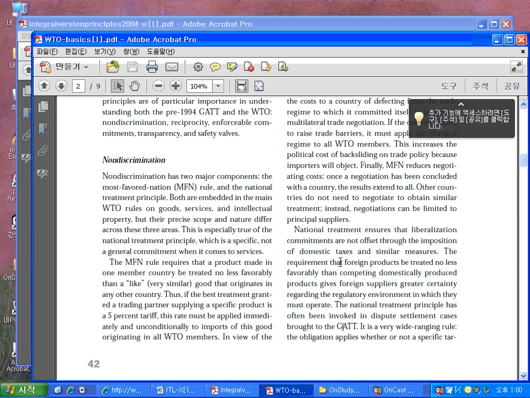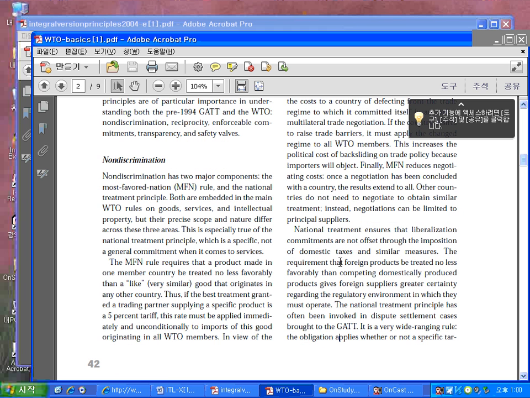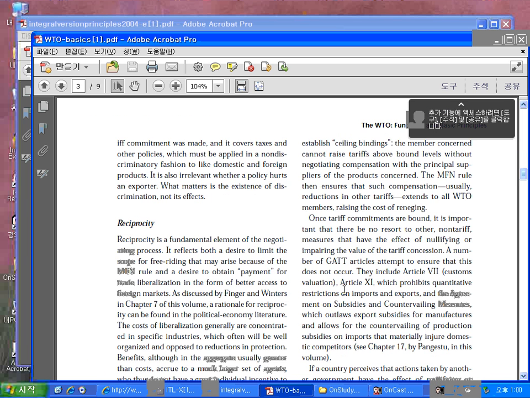So many international lawyers raised the point of a violation of this principle, national treatment, and also the other, MFN, most favored nation treatment, which offers the basis for a plethora of cases now.